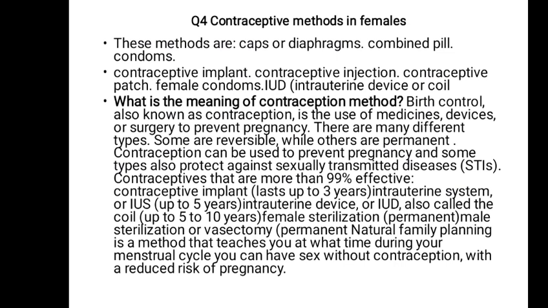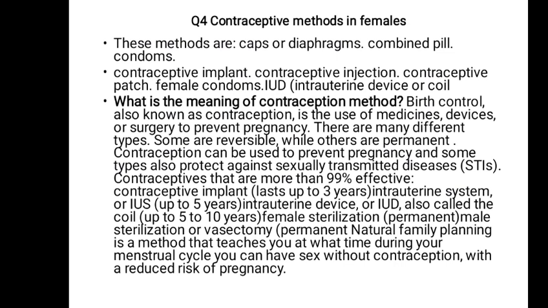There are many different types. Some are reversible while others are permanent. Contraception can be used to prevent pregnancy, and some types also protect against sexually transmitted diseases.